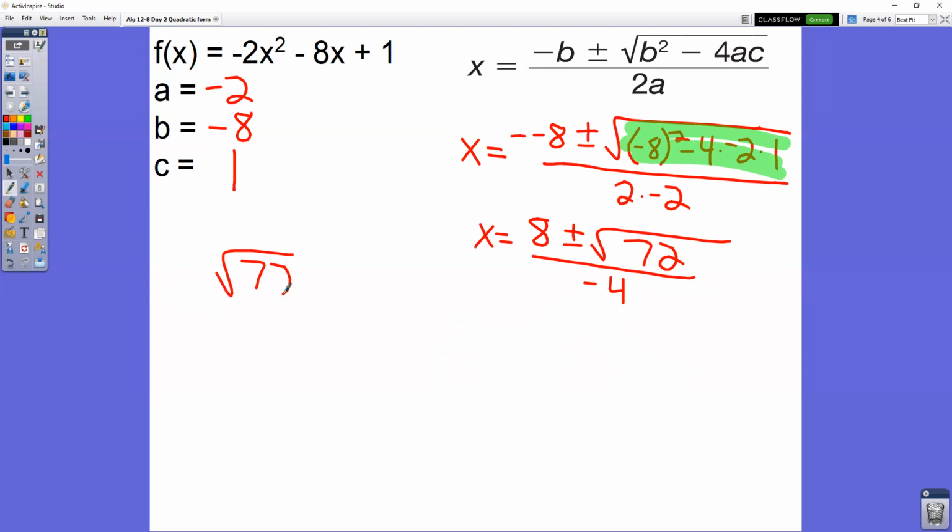If we take a look at the square root of 72, simplifying radicals, what times what is 72? Well, the biggest perfect square that goes into it would be 36 times 2. Cross off the 36, bring out the 6. So this simplifies to 6 radical 2.